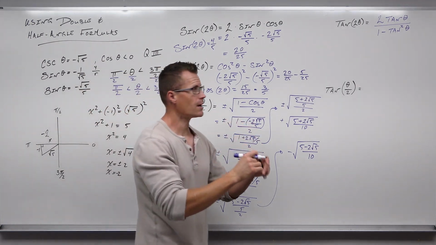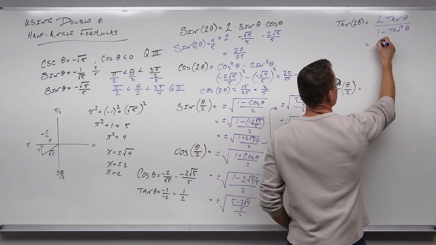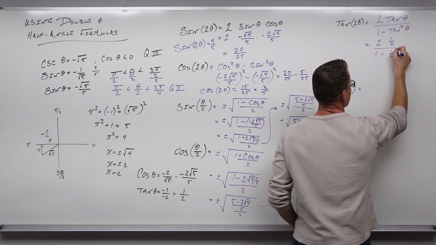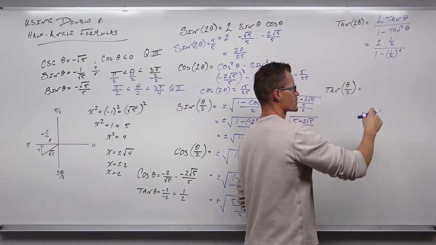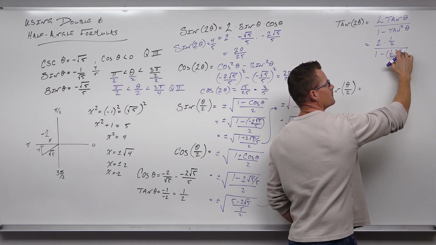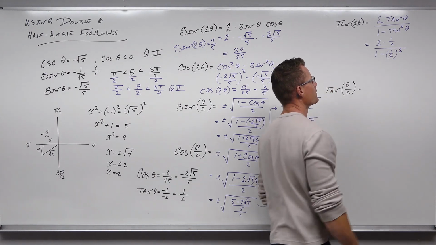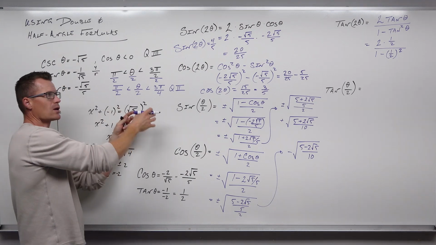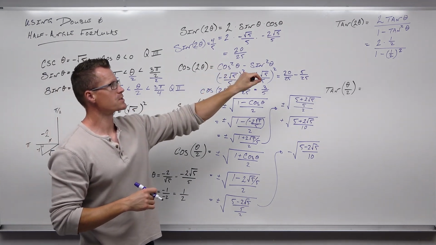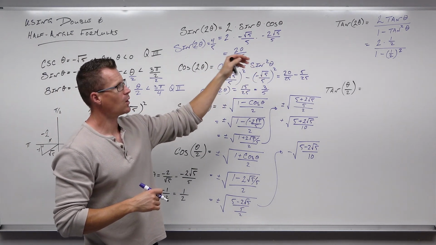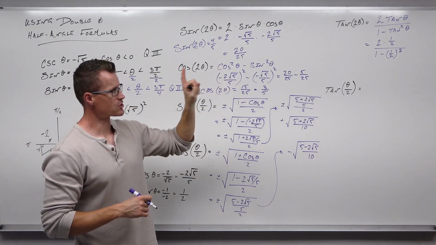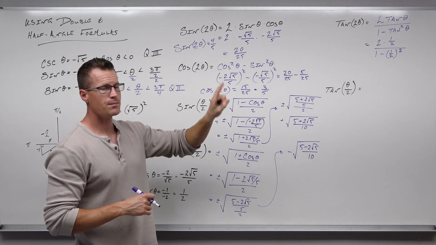So we're going to plug in 1/2 here. Of course, we'll square that on the denominator. 2 times 1/2, that is tangent theta for the appropriate angle in the correct quadrant. 2 times tangent theta is 2 times 1/2 over 1 minus tangent squared theta, which is 1/2 squared. 2 times 1/2 is just 1 over 1 minus 1/4.